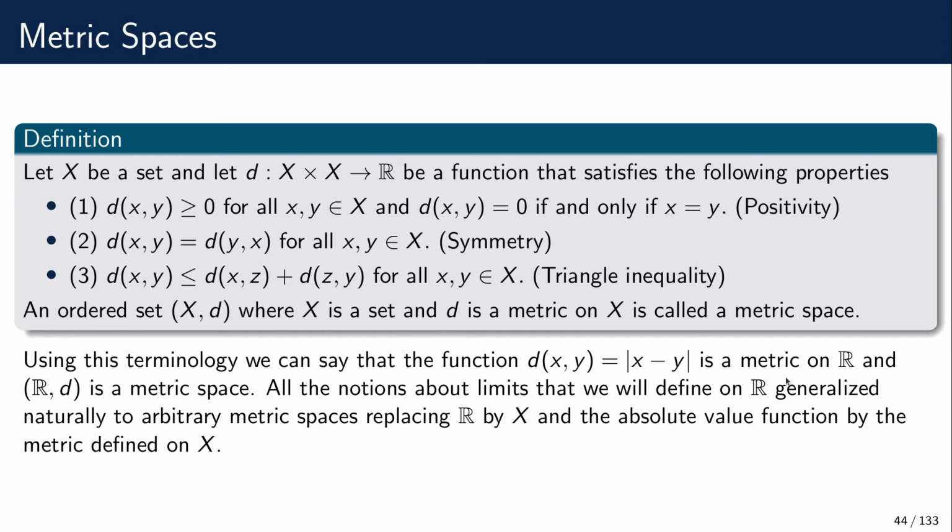And so with this terminology, (R, d) is a metric space, and many of the things that we will prove for this space are naturally generalizable to abstract spaces, right? If we define the notion of convergence of a sequence with respect to this distance function, then it naturally generalizes to more abstract cases.